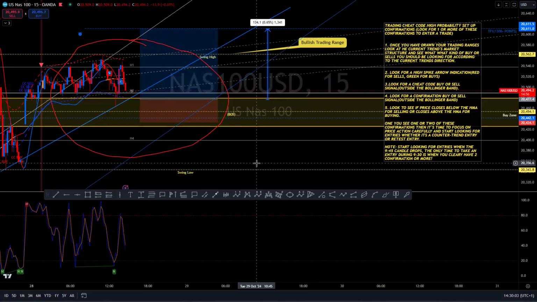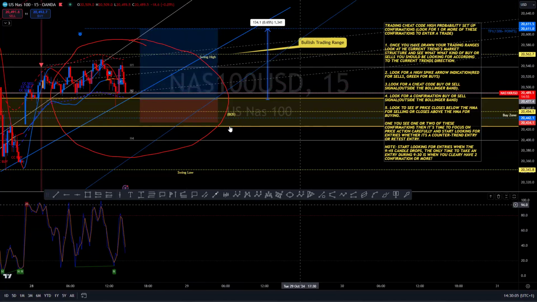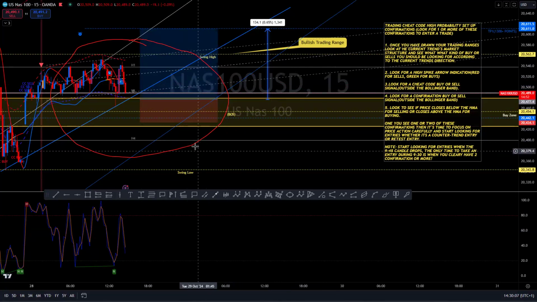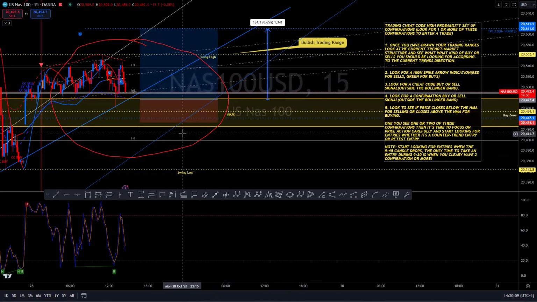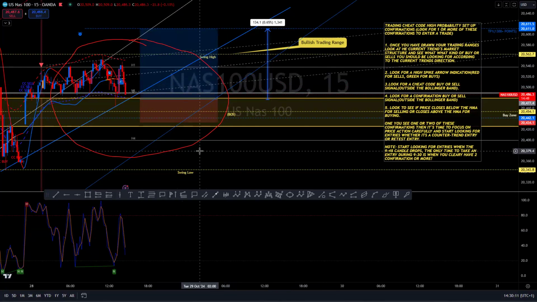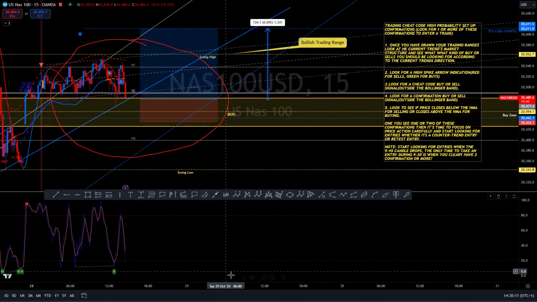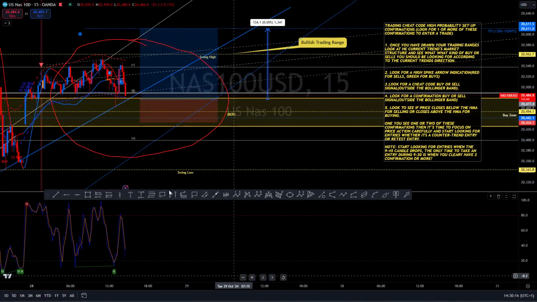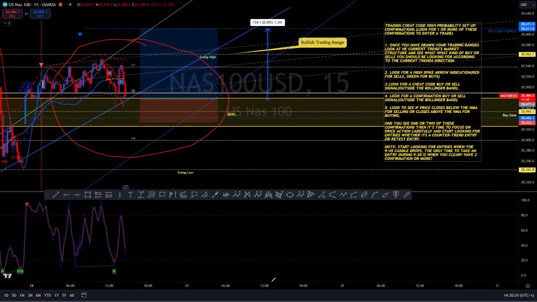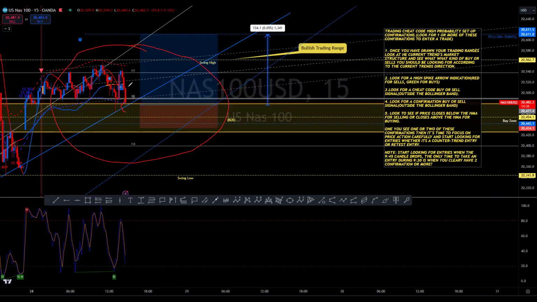The 9:30 candle has closed. I'll probably wait for the next candle because I want to see if price is going to test this area and come out and give us a cheat code buy or sell. Now it is below the HMA, which is fine.